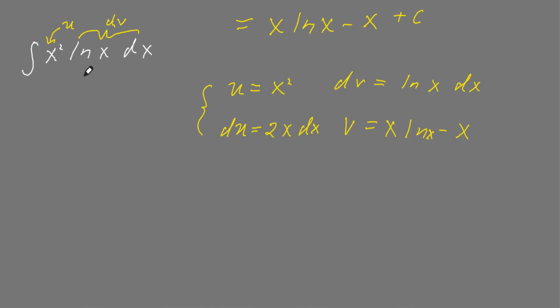So what I'll do is I'll let u equal this ln of x, and then dv will be whatever's left over, x squared times dx. So I have u is equal to ln of x, and dv is equal to x squared dx.